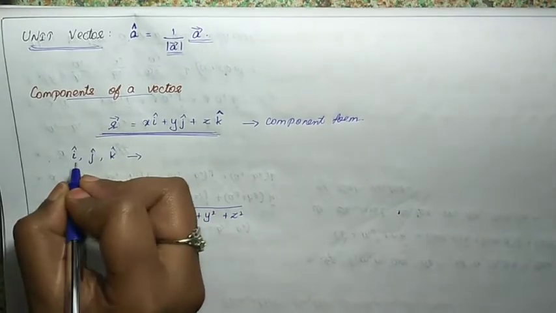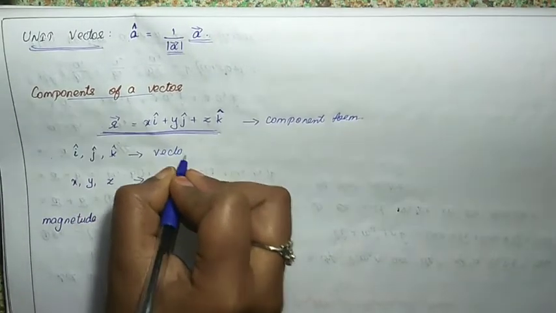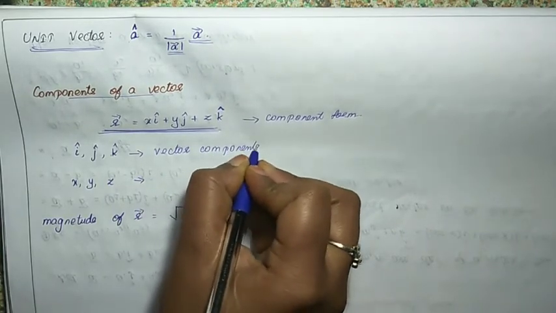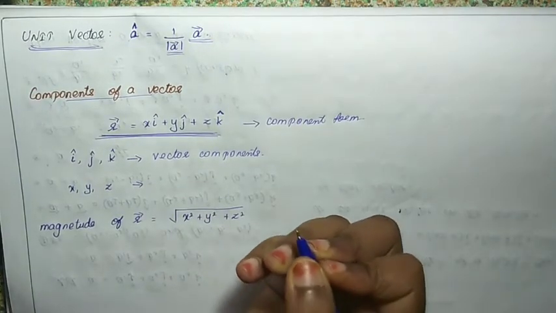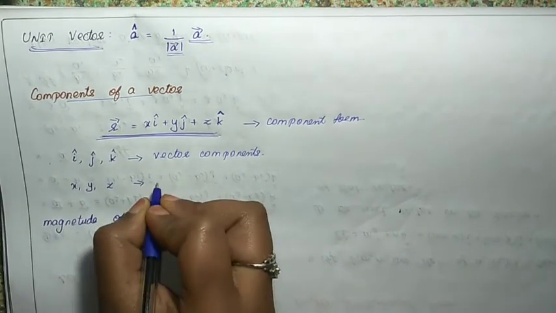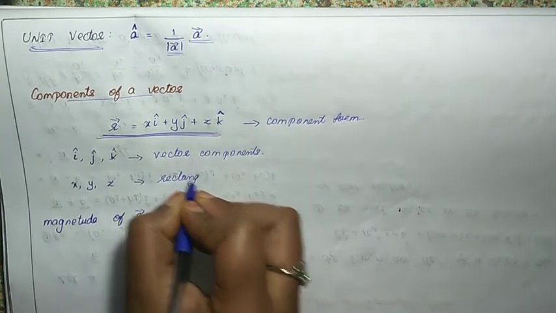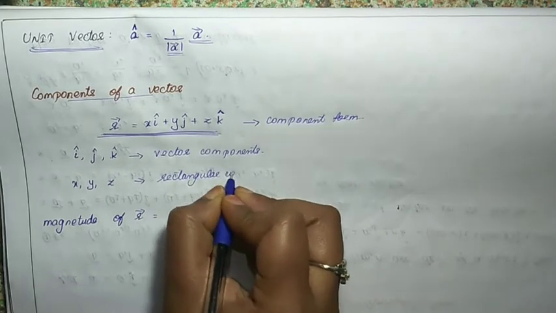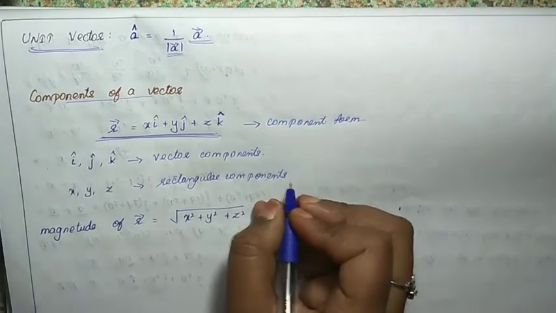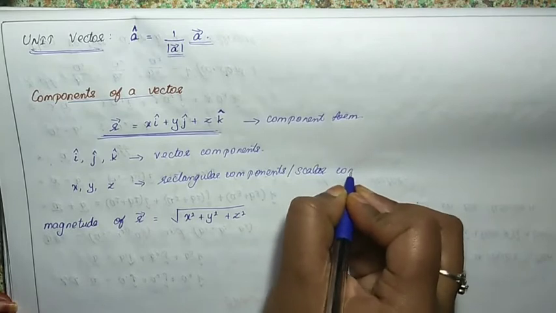And i cap, j cap, k cap are called vector components, and x, y, z are called rectangular components or scalar components.